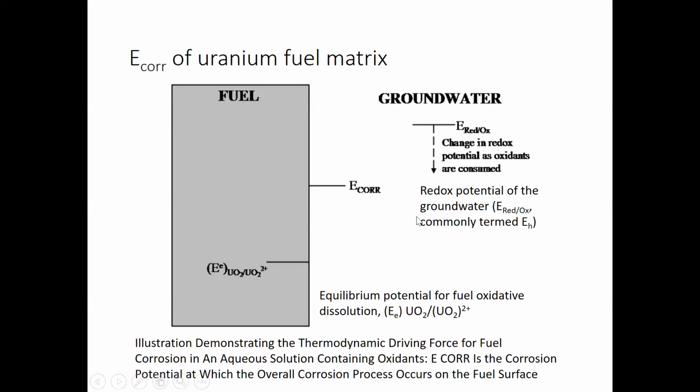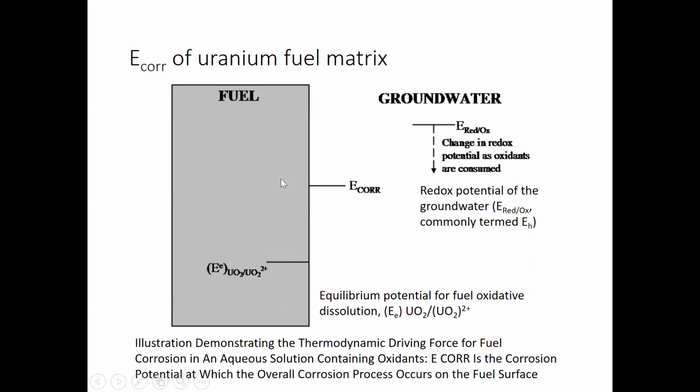So this is what it looks like from a corrosion potential point of view. You have your equilibrium potential for fuel oxidative dissolution. So this reaction right here has a certain potential associated with it.